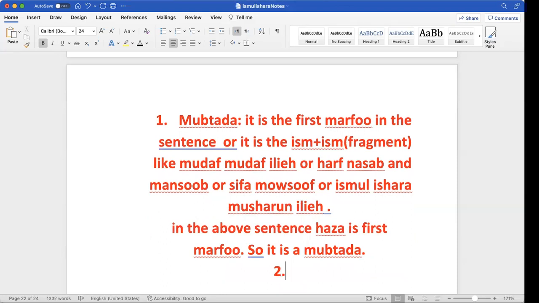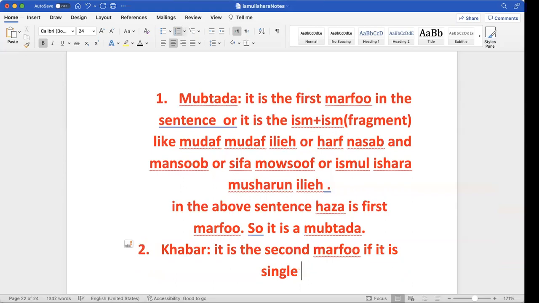Khabar. What is khabar? The message, the second marfu, if it is a single word, or it is ism plus ism, a combination of two, or you can say a fragment, simple.